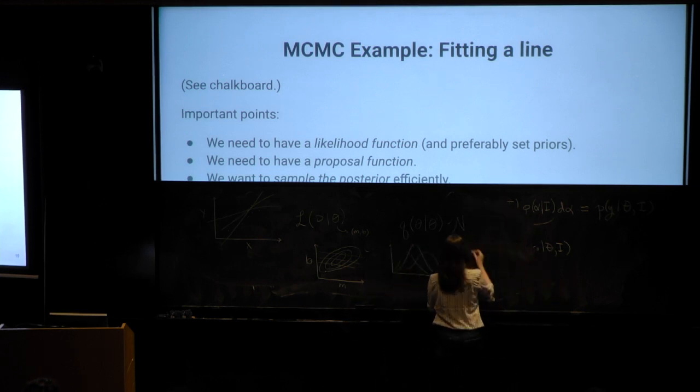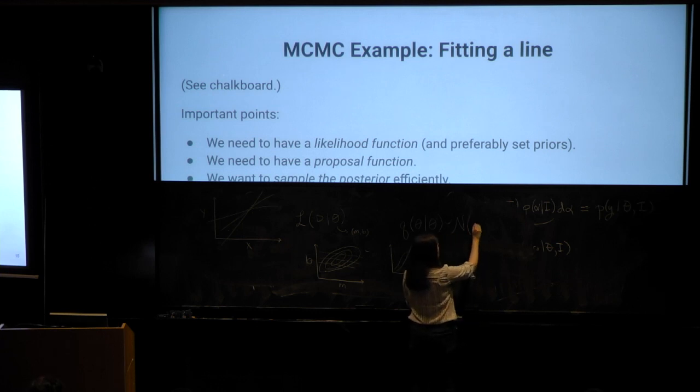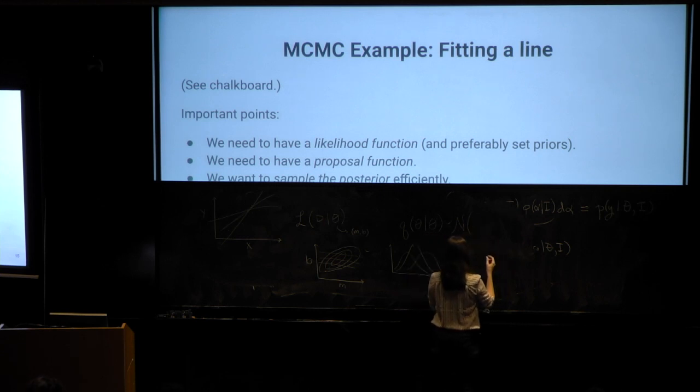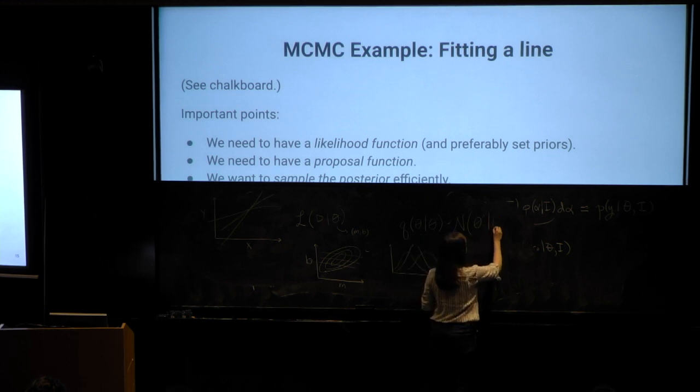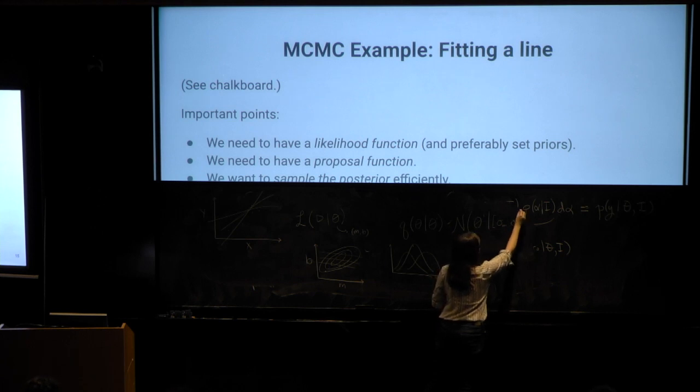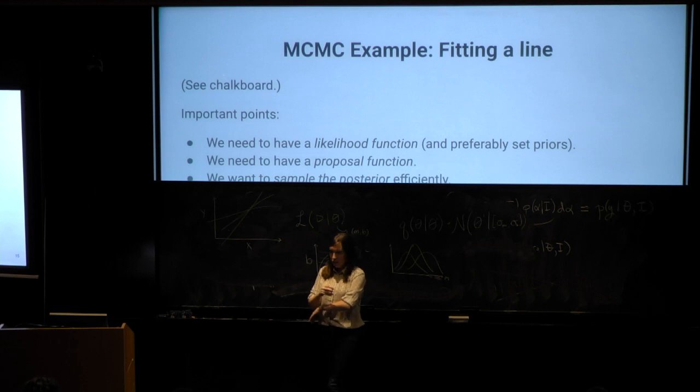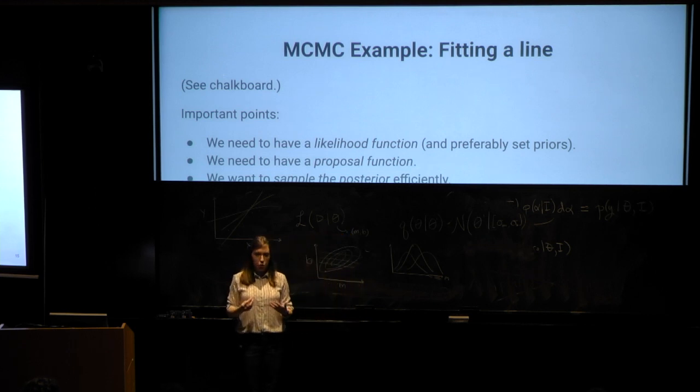I'm going to draw M from a mean of, maybe the best thing to do is say that the mean is the previous point, and the standard deviation around the mean is some sigma M, sigma B, where maybe sigma M and sigma B are kind of how certain we think that we will be on the slope and the intercept.